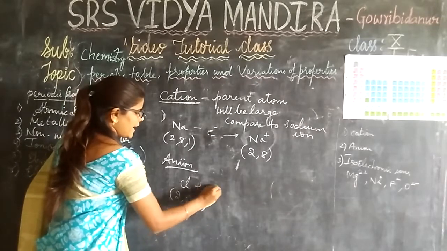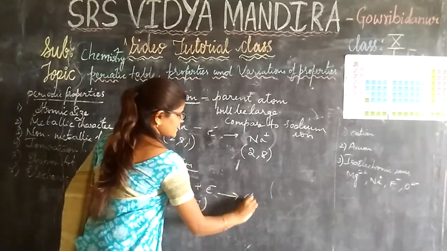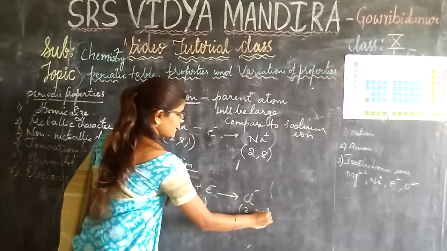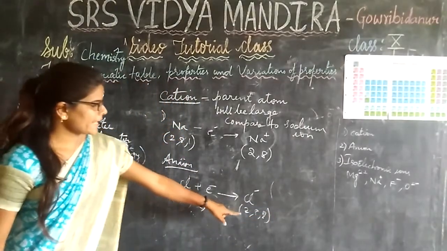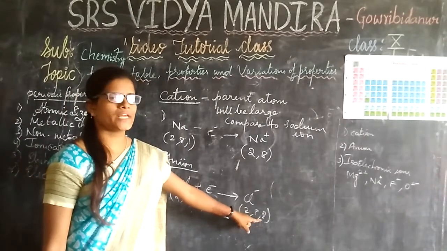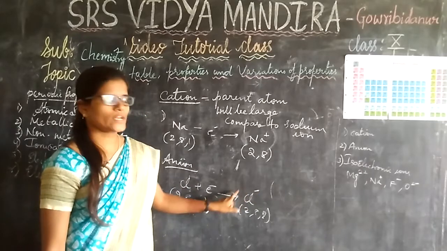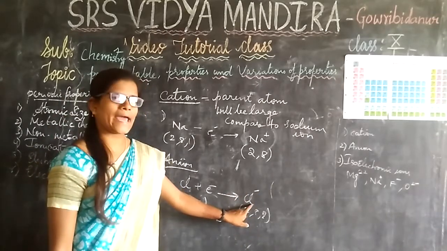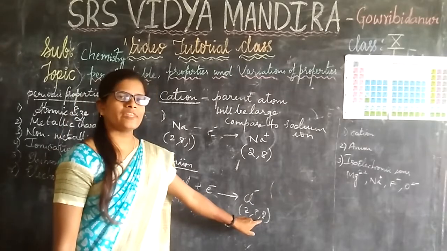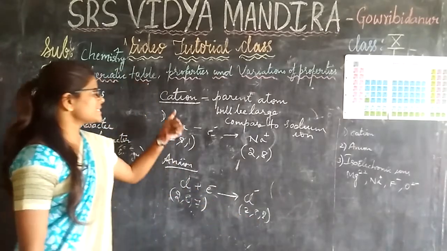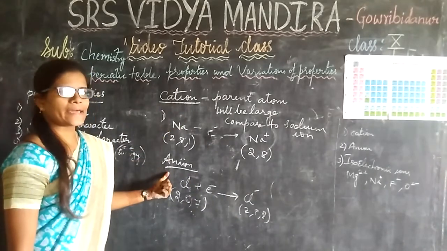When it adds 1 electron, it becomes Cl minus, with 2, 8, 8, that is 8 electrons in its outermost shell. And this chloride ion will gain stability with 8 electrons in the outermost shell. This is about cation and anion.